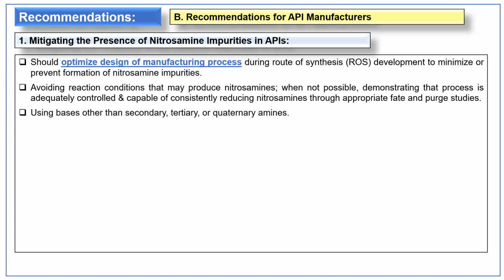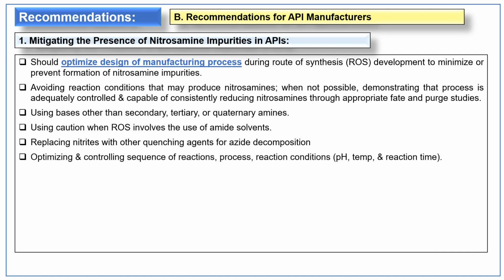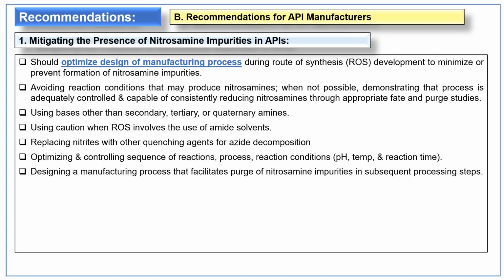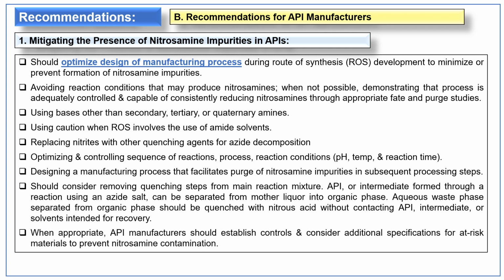This includes using bases other than amines, using caution when the route of synthesis involves amide solvents, replacing nitrites with other quenching agents, and optimizing and controlling the sequence of reactions and reaction conditions like pH and temperature. It also includes designing a manufacturing process that facilitates the purging of nitrosamine impurities in subsequent process steps, and considering removing the quenching steps from the main reaction. When appropriate, they should establish controls and consider additional specifications for at-risk materials to prevent contamination.